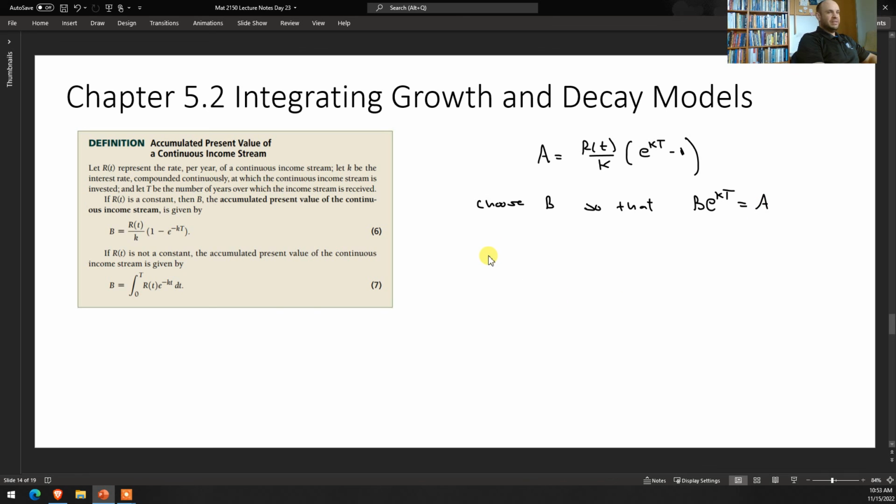So now connecting the dots, that says that B e to the kt is equal to R of t over k times e to the kt minus 1.